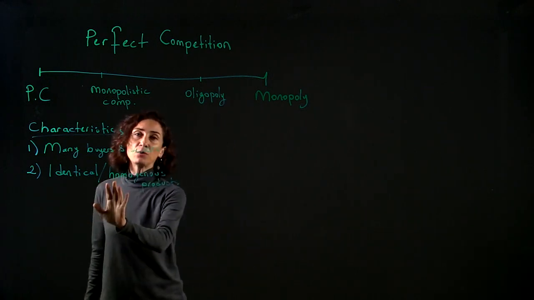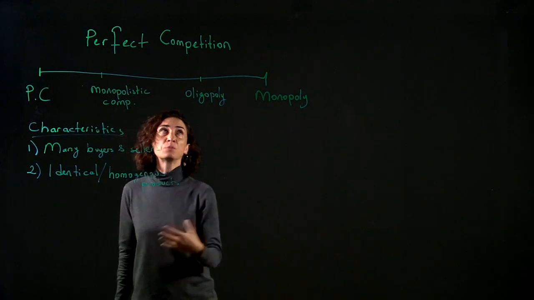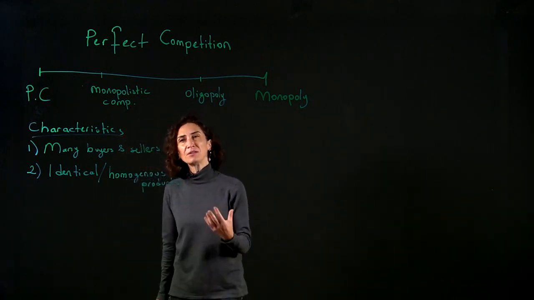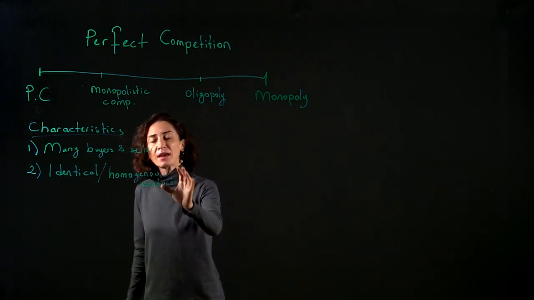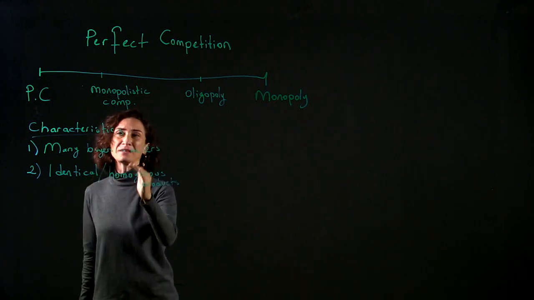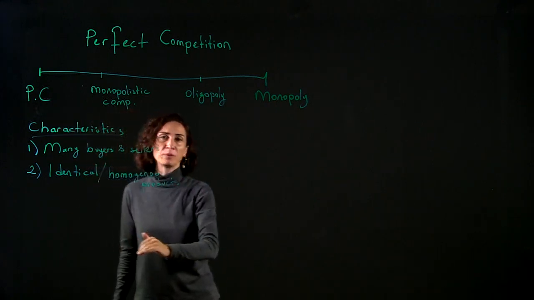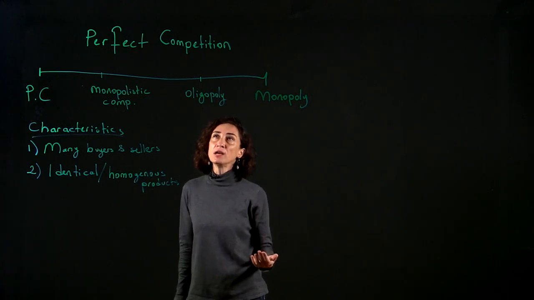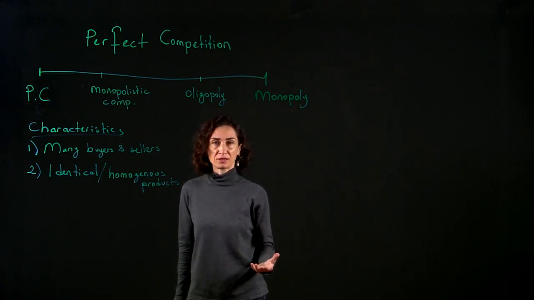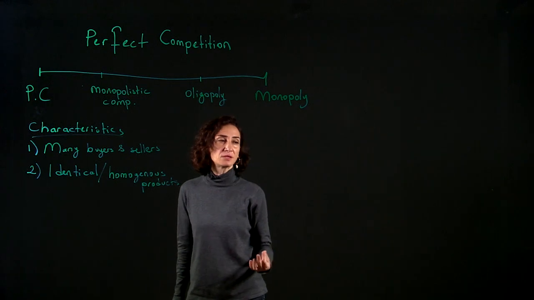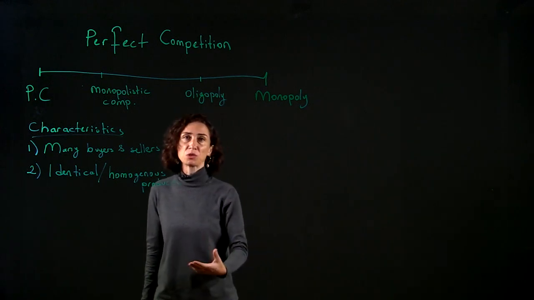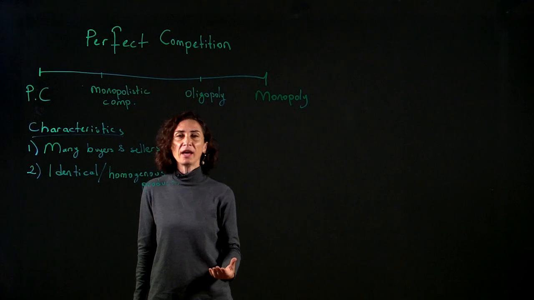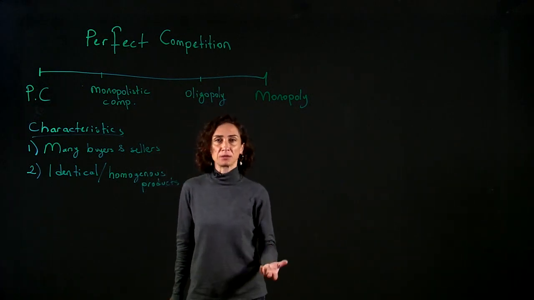Now, as I said before, in reality, it is hard to find, but you can see markets that are very similar to this, that get close to perfectly competitive market structure. In markets where the goods are more or less generic, they are, for instance, agricultural produce or raw materials, okay? Think about the wheat market.